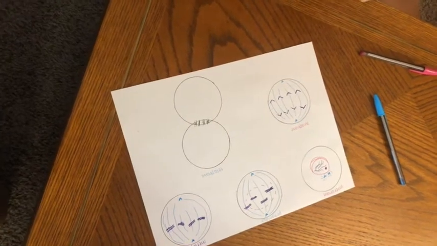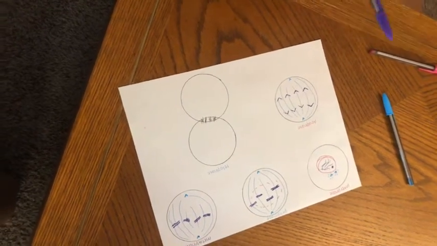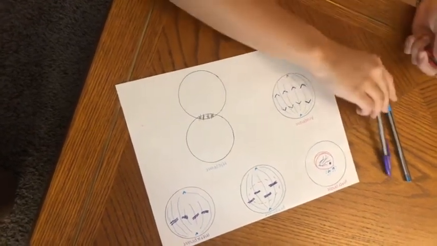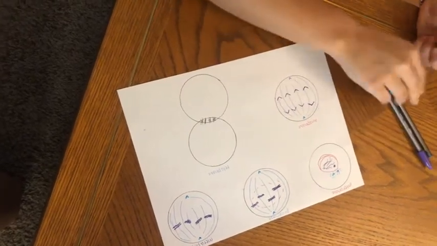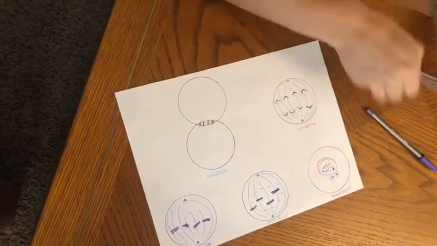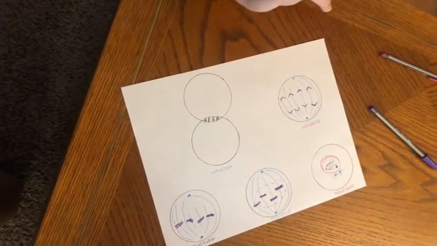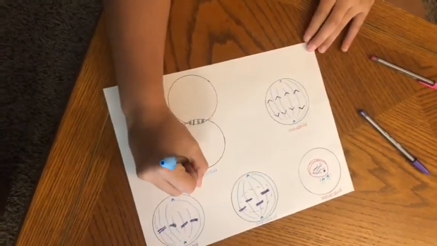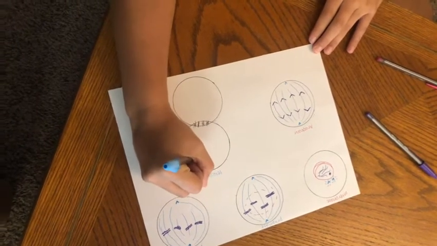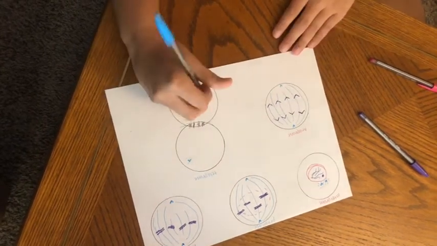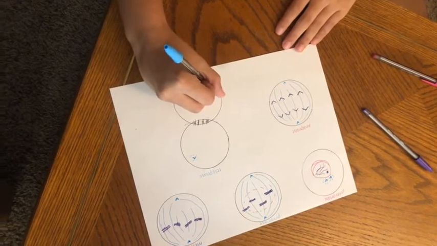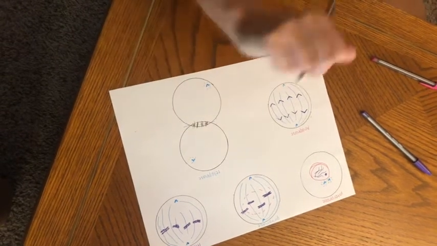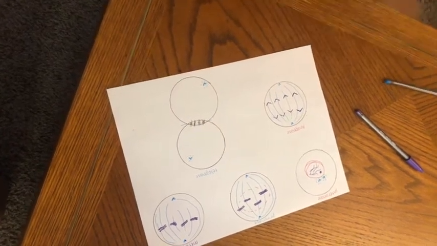And then the last phase is going to be telophase, and that's why I drew two separate circles, because the cell is going to go into two different cells, and then the cytoplasm is going to split right here in the middle. And then you still have your DNA. And then your nuclear envelope comes back.